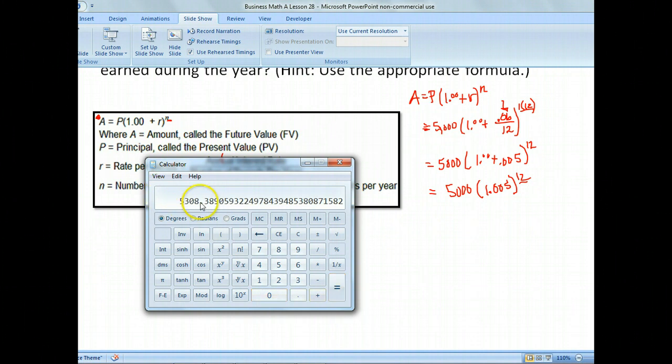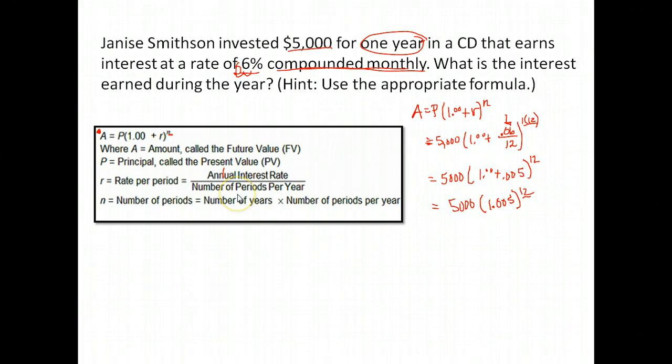We get $5,308.39. Okay, so let's go ahead and put that value down. $5,308.39. Again, what is the A, the amount? That's the amount in the account when it's done, when it's reached maturity.